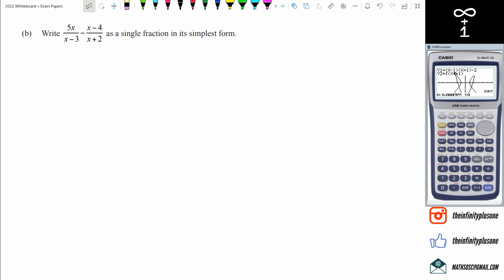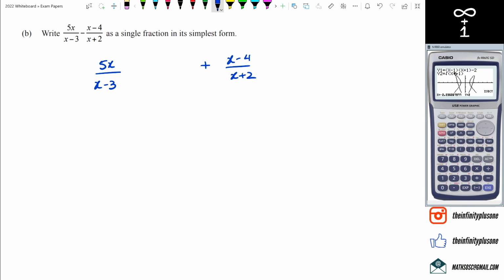So question B, what we have got here is write as a single fraction in its simplest form. That means you might need to simplify it later or expand it, whichever one the case is. So on the left-hand side, we've got 5x and x minus 3. And I always space these out, right? So I've spaced them out because I want to see what I can multiply in the denominator.